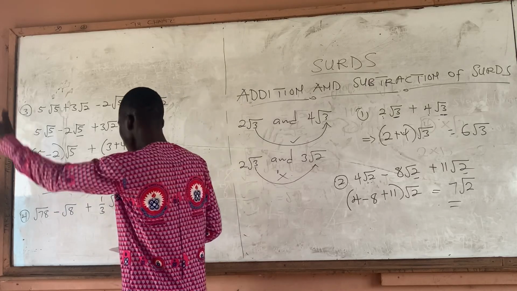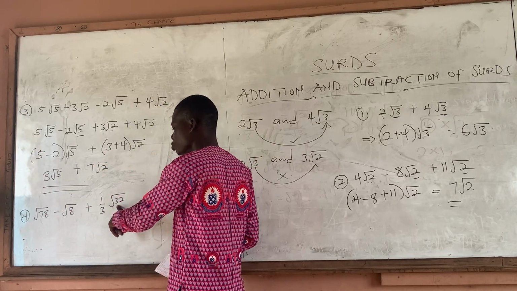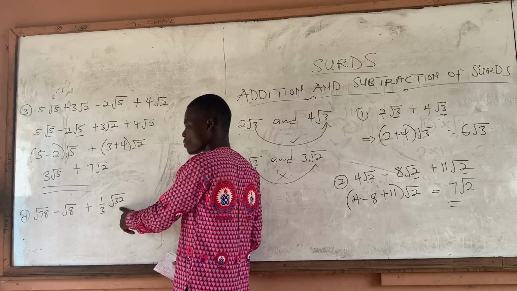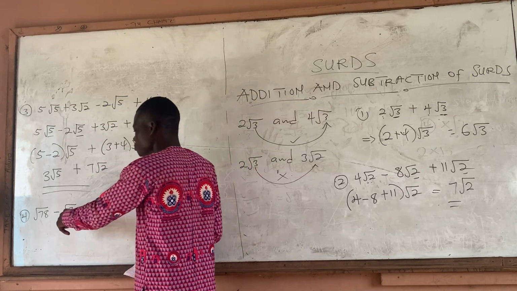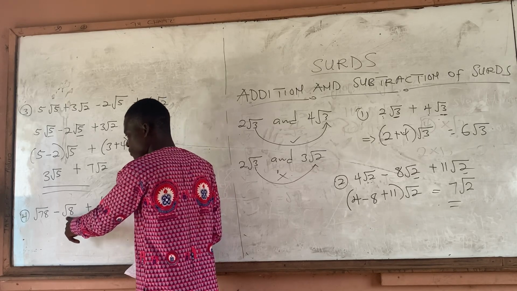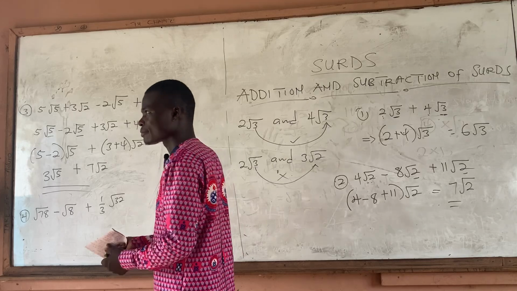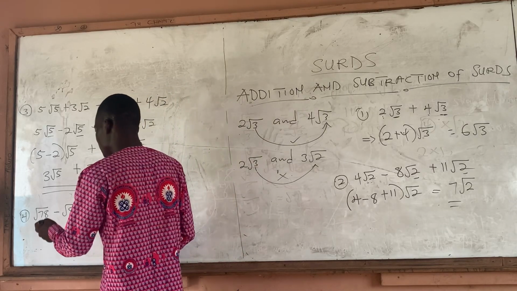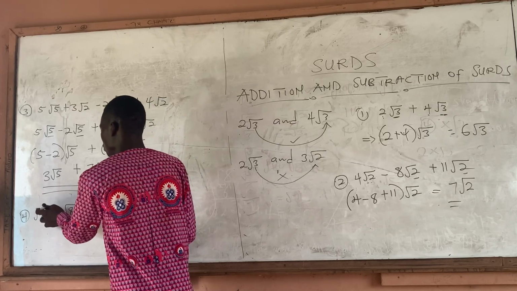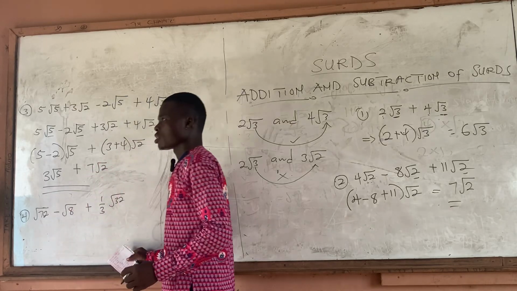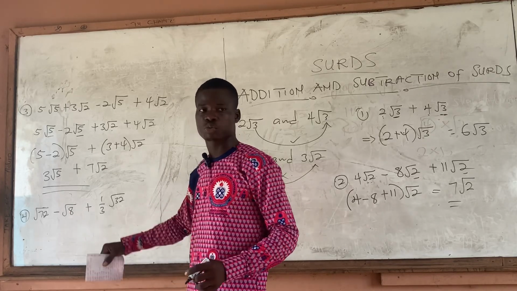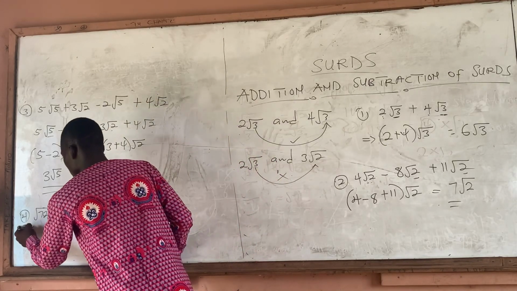When you check the 32, 32 will be 16 by 2, meaning the 16 is perfect. When you check the 8, 8 will be 4 and 2, meaning 4 is perfect. So the 72 will be 36 and 2.